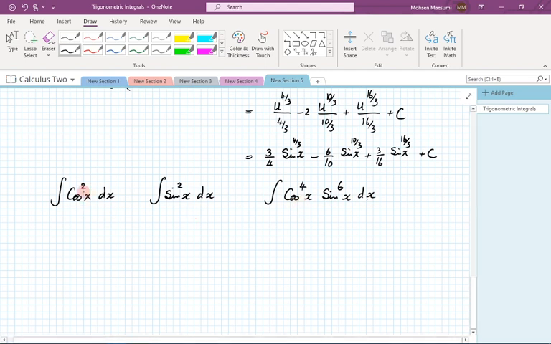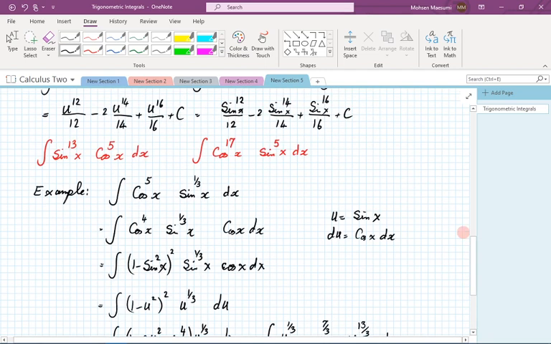So the common thing about all of these problems, these three problems, is that the exponent is even. If we try what we did before in these types of problems, you see that we are going to make the problem worse because we cannot make easy use of the Pythagorean identity.